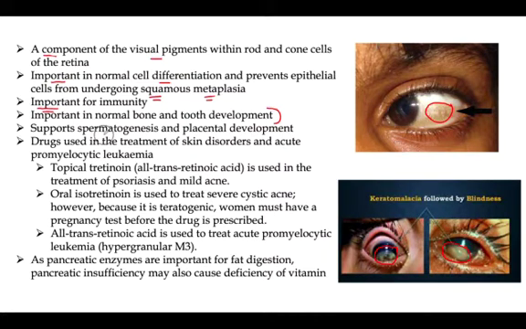Further, it supports spermatogenesis and placental growth. Now, there are various drugs which are used to treat skin disorders and also acute promyelocytic leukemia. These drugs actually consist of different molecular forms of vitamin A, and this is listed here for your information in this particular part of the slide.